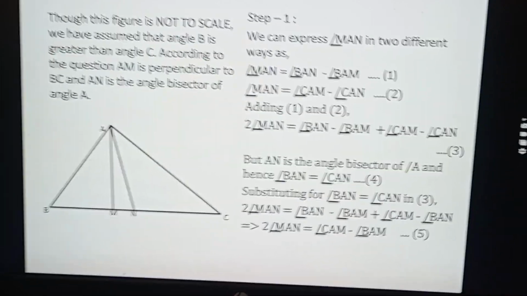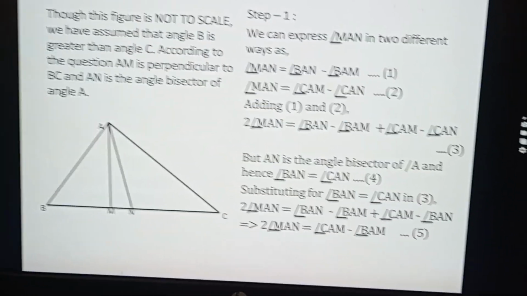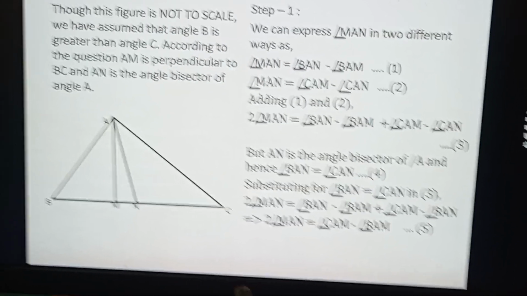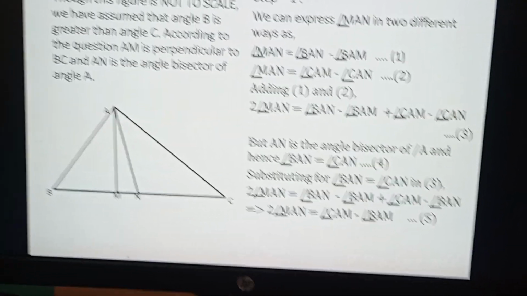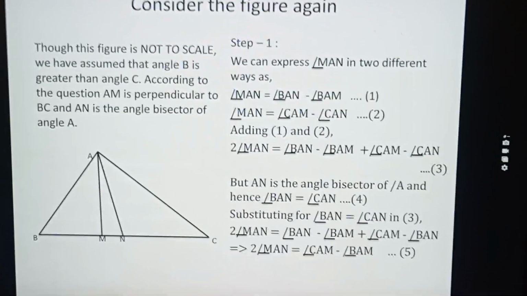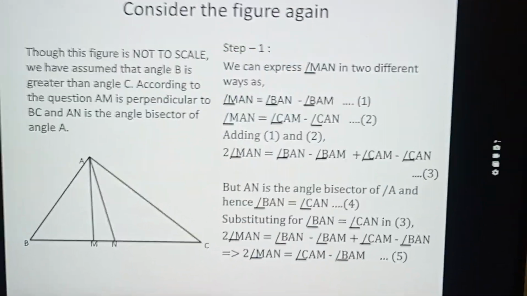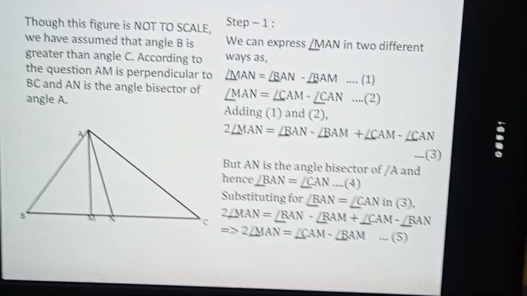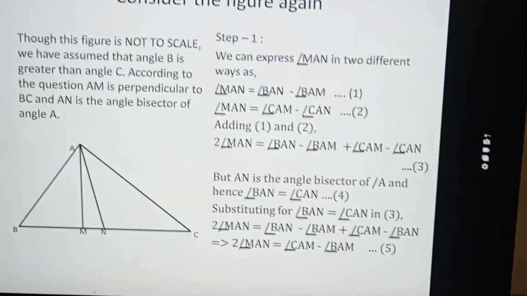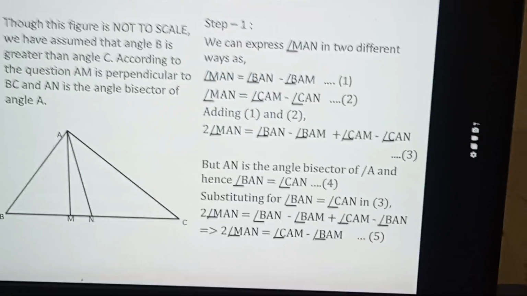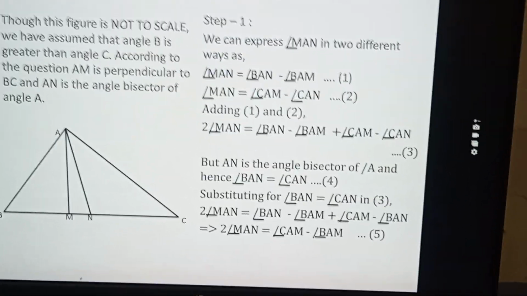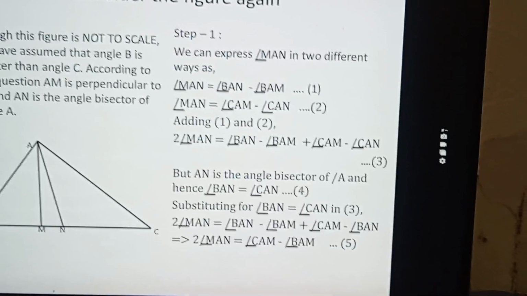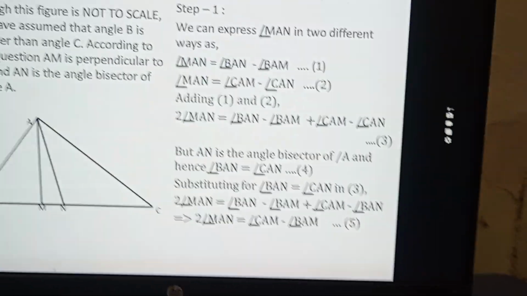This is the second equation. Adding 1 and 2, we get twice angle MAN, since angle MAN plus angle MAN gives you twice angle MAN. Just like an algebraic equation, we are adding vertically, column wise. So 2 times angle MAN is equal to angle BAN minus angle BAM plus angle CAM minus angle CAN.